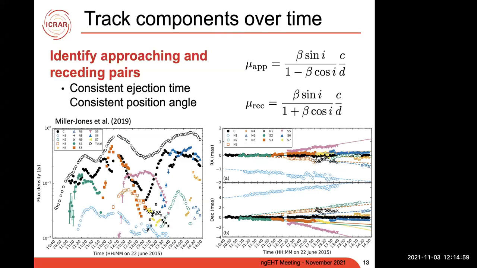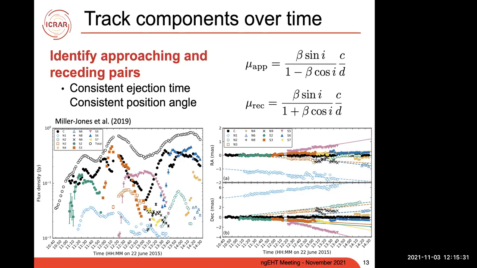So by analyzing these images, we were able to identify 13 different components, and we tracked their flux density shown on the left panel and their positions on the 2 right panels here. And you can see that each of these jet ejecta were moving ballistically upwards, so with a linear motion. And we could identify some components that were moving along similar position angles and ejected at the same time. And we could use that to determine some of the physical properties of the jets.